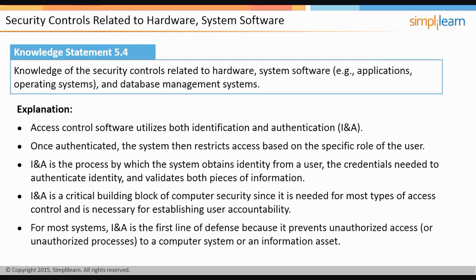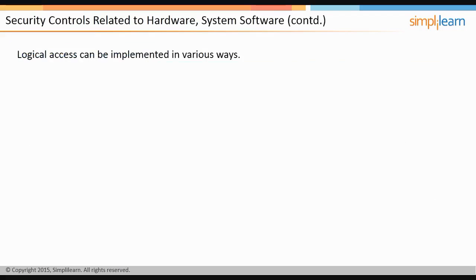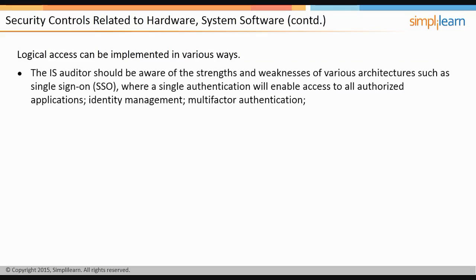In the next screen, we will discuss more about security controls related to hardware and system software. Logical access can be implemented in various ways. The IS auditor should be aware of the strengths and weaknesses of various architectures, such as single sign-on, SSO, where a single authentication will enable access to all authorized applications, identity management, and multi-factor authentication.